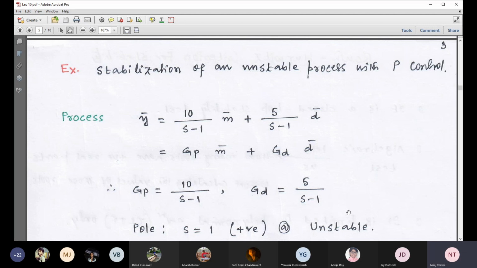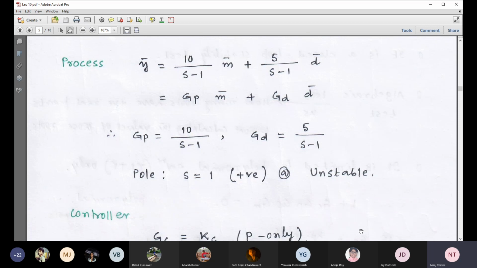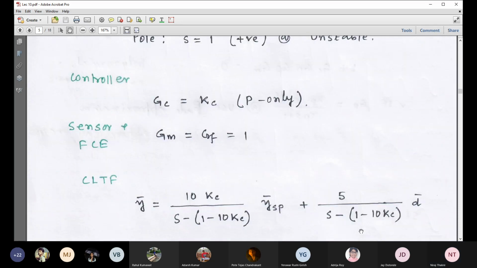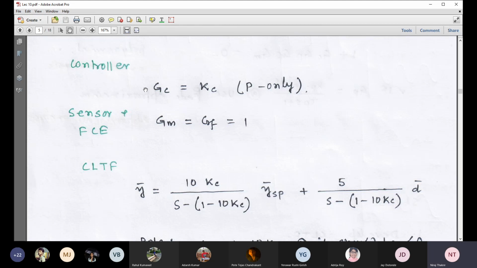This is the open loop transfer function, GPM bar plus GDD bar. We did not use any controller so far. Now let us use one controller. So this is our P-only controller. For simplicity, we are considering GM and GF equal to 1.